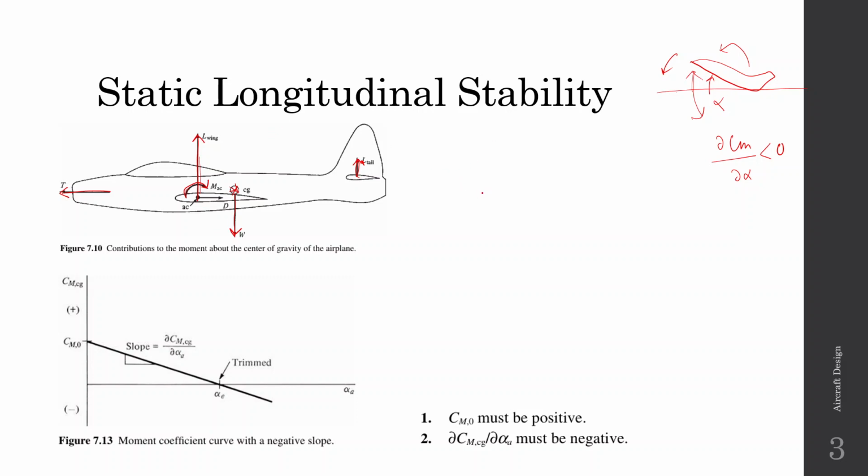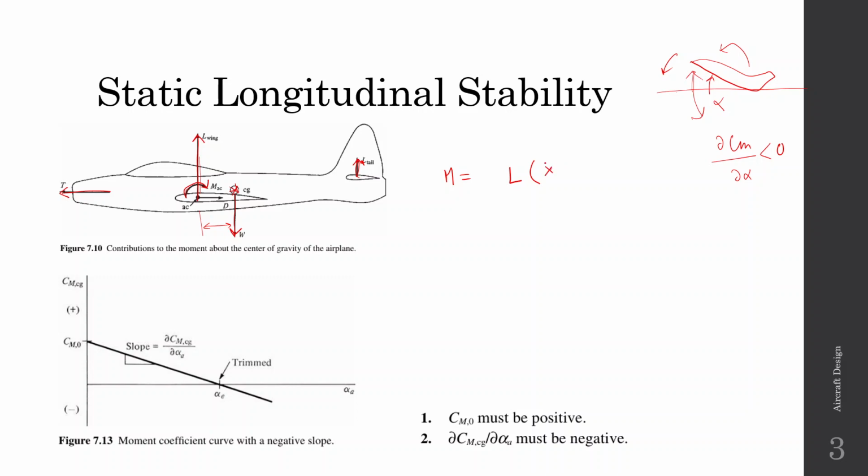Using basic physics, you can write the moment caused by each of these components. First we have the wing lift, which acts along the distance between the aerodynamic center of the wing and the CG.